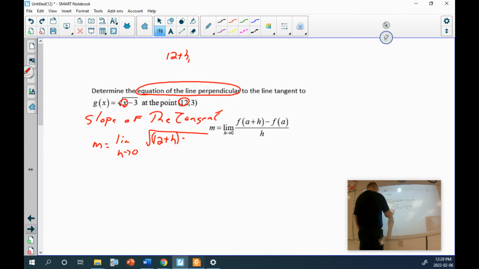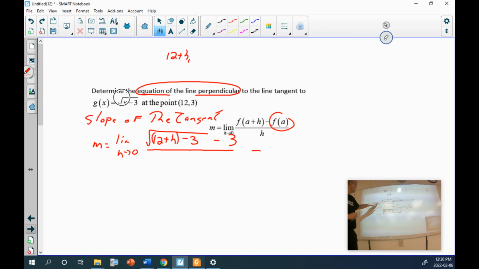So there's minus, again, now we have the square root of 12 minus 3. I can just say 9, or I can just say 3, because when I take my 12, plug it into here, I get 3. And then on the bottom, I will just have my h.